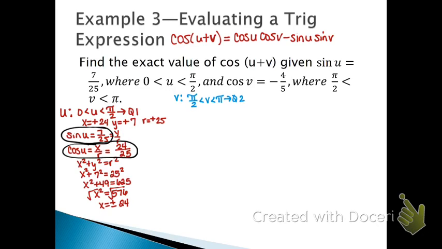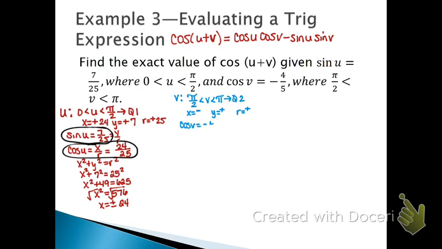Pi over 2 is at the top. Pi is on the left. That's quadrant 2 in between them. So what do we know about x? X is negative in quadrant 2. Y is positive. And r is always positive.